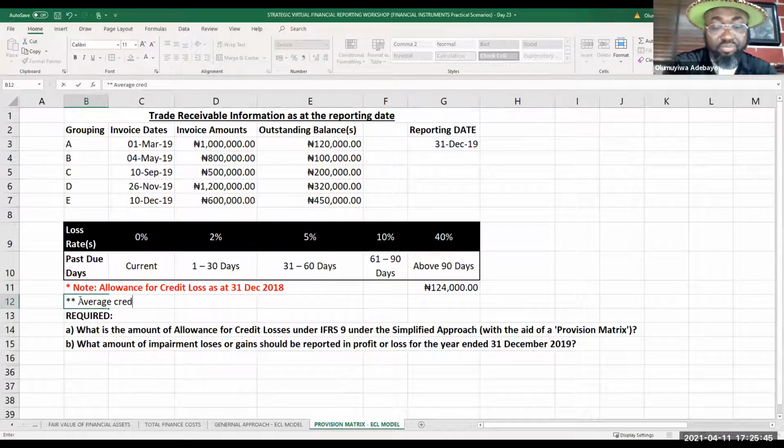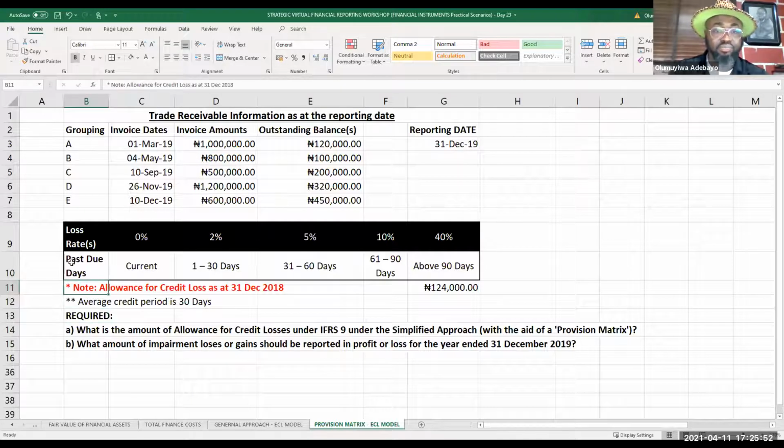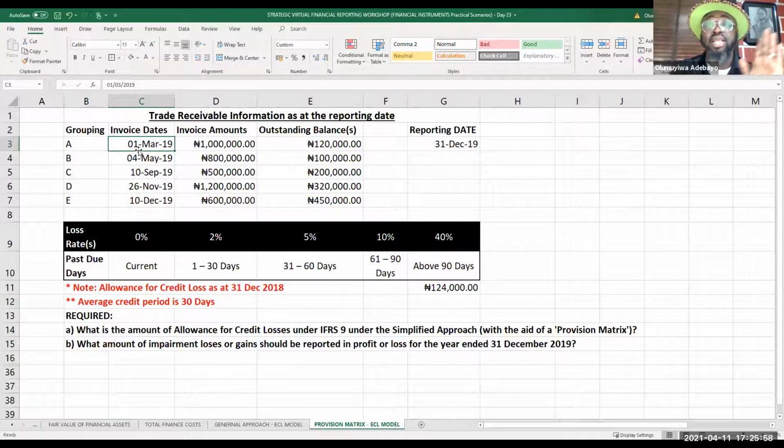Average credit period is 30 days. What does that mean? What it means is that from this invoice date, you have 30 days to pay. Anything after 30 days becomes past due.